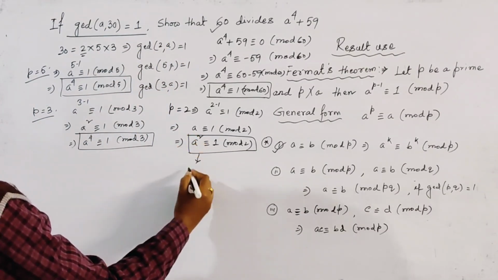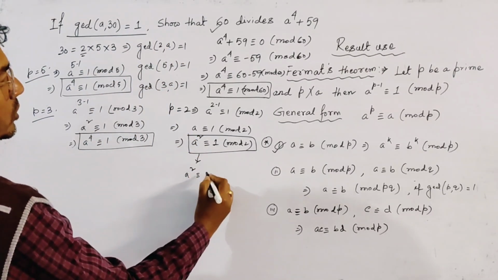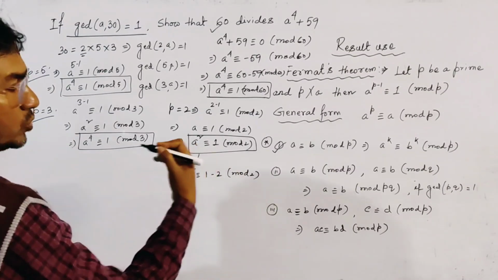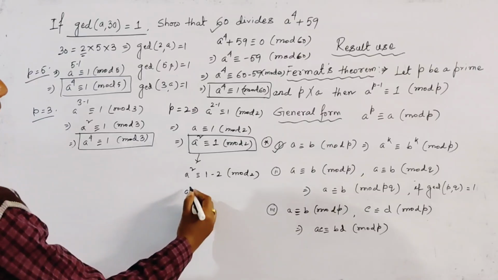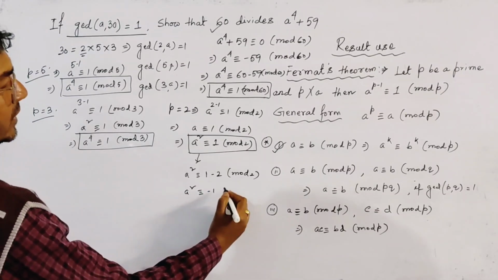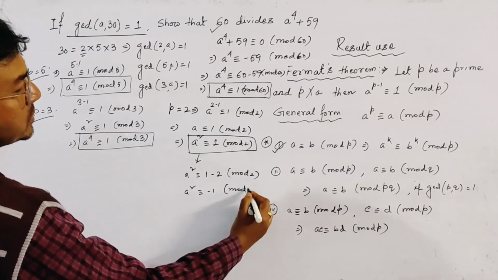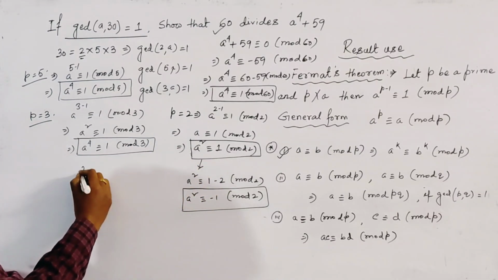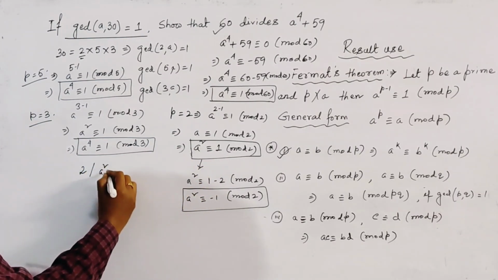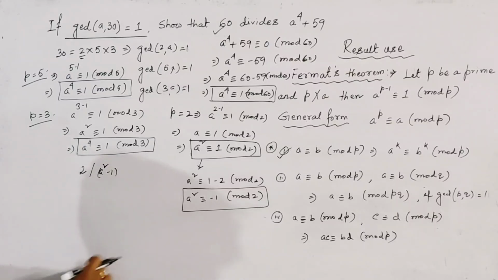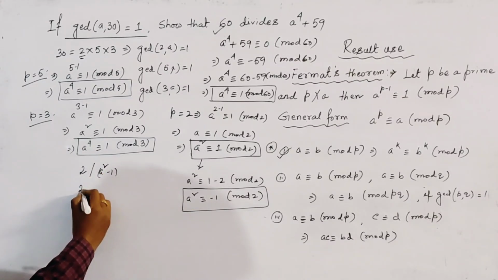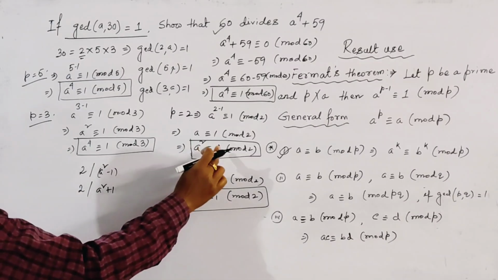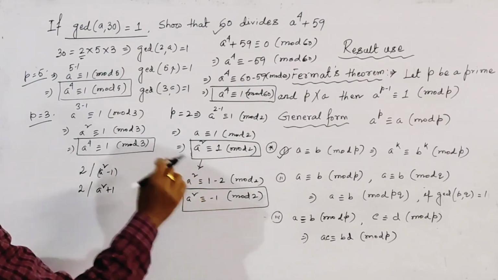From this relation we can write a square is congruent to 1 minus 2, mod 2. So a square is congruent to minus 1 mod 2. From this relation we can write 2 divides a square minus 1, and 2 also divides a square plus 1, because a square is congruent to 1 and a square is congruent to minus 1.